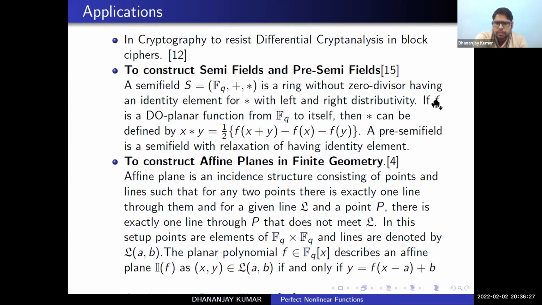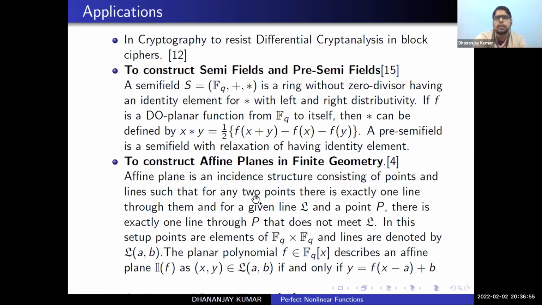And if f is a Dembowski-Ostrom type planar function, then this operation is defined with the help of the Dembowski-Ostrom type planar function. So having a Dembowski-Ostrom type planar function will assure the existence of semifields, and in the construction of affine planes we also use the planar functions.